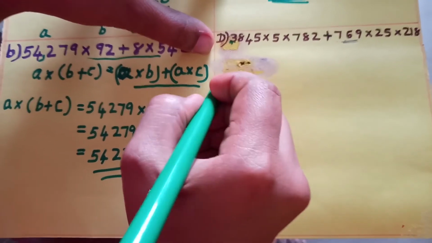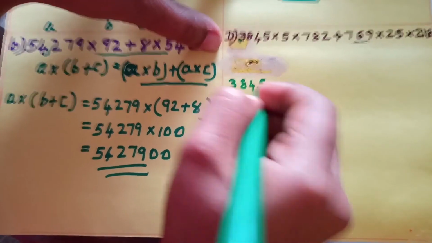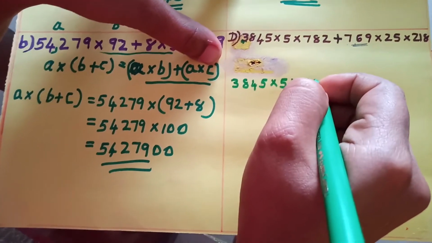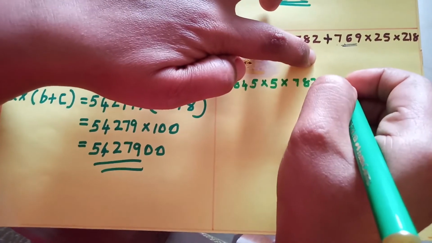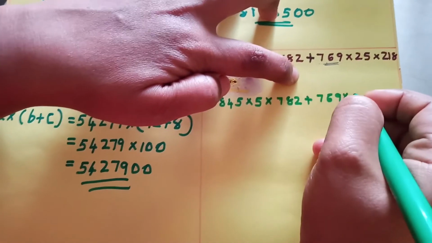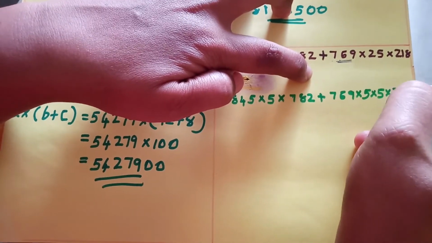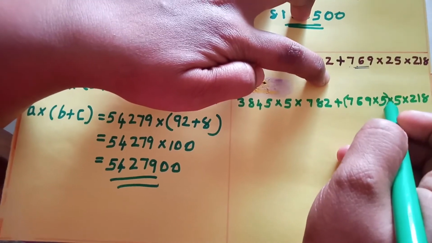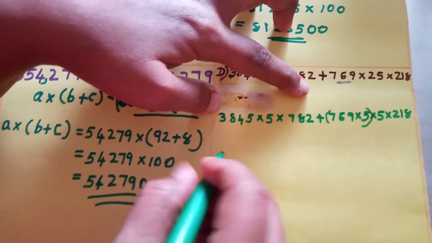I am rewriting this problem like this: 3,845 into 5 into 782 plus 769, and 25 I am splitting as 5 into 5, into 218. If we multiply these two numbers, that is 769 into 5, we can see what will happen.